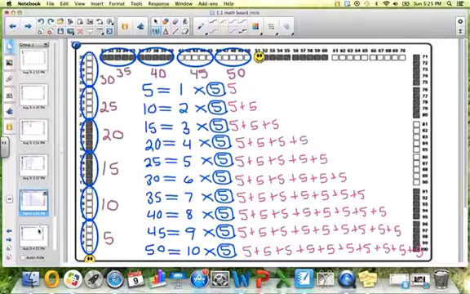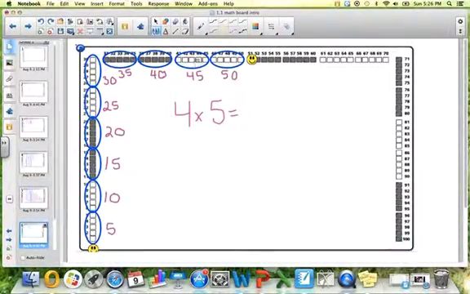Okay, so let's look at a different way to solve these problems. So I'm going to go back to this page, and I wrote a problem on here. You don't need to write it on your whiteboard, so don't worry about it. So I'm going to write 4, Miss Vervynck messed up. 4 times 5 equals, so we can find the answer to this multiplication problem tons of different ways.